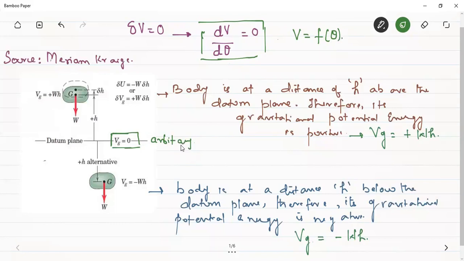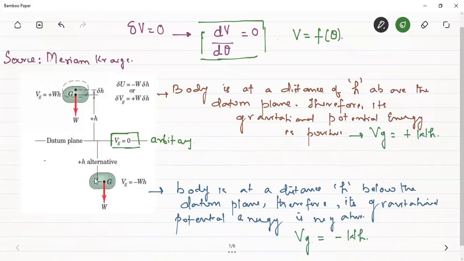Now if our object lies above this datum plane, you can see that currently this body is lying at a height of h above the datum plane. In this case, the gravitational potential energy will be equal to Wh, and it will be positive because the body is at a distance h above the datum plane.